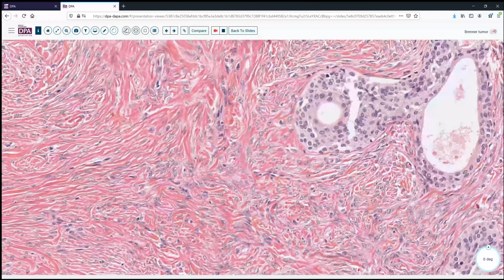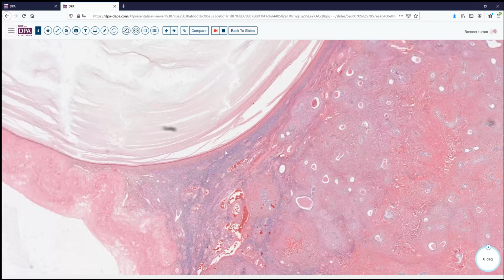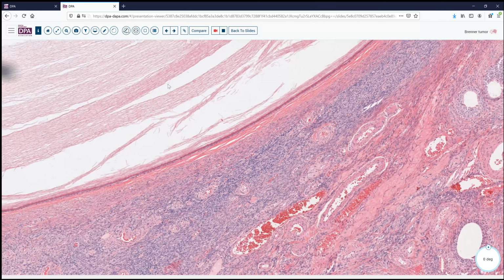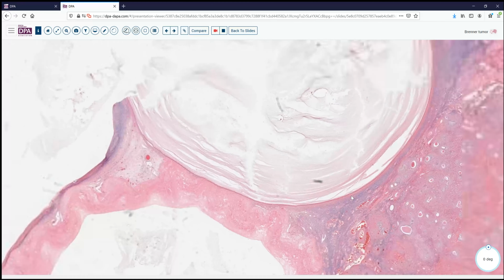Now, these other lesions over here, what are these? Well, let's take a look. These appear to be a component of squamous epithelium, as you can see here, keratinization, attenuated squamous epithelium. So this could be one of two things.